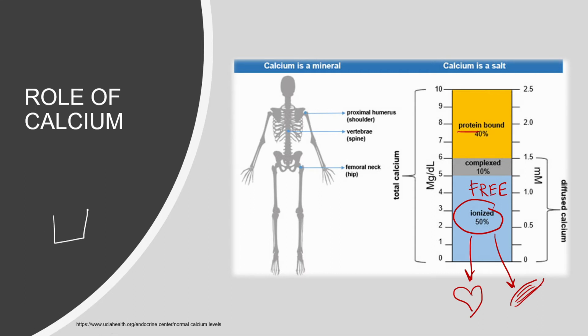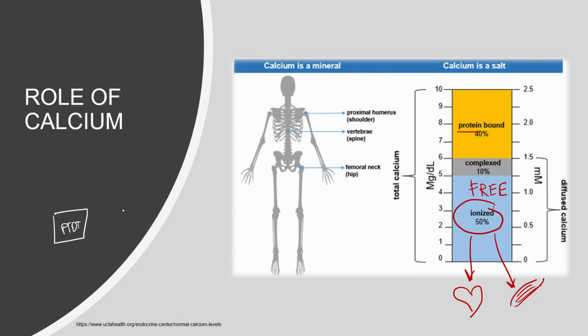Our proteins bind calcium. If we have increased concentration of plasma proteins, we've got increased capacity of calcium binding. So it means that calcium is more bound to proteins rather than ionized and free, so it leads to decrease in ionized calcium. Also, pH in the blood has a huge role in it.